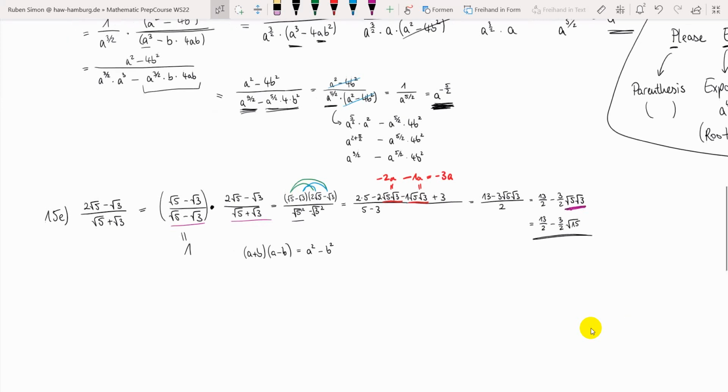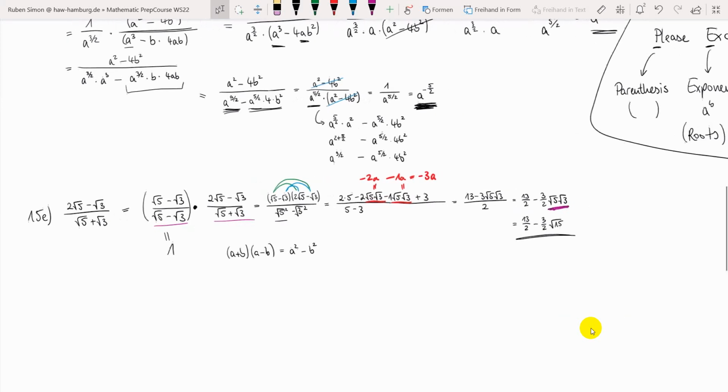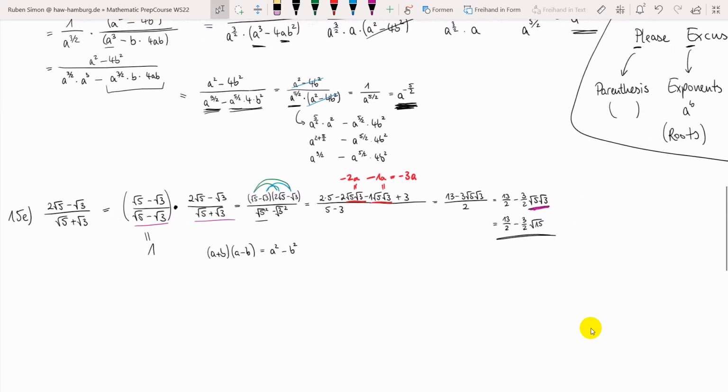Let me have a look, or can someone just, well, I will look it up just a second. 15D, there we go. So is it this one, 28 divided by 4 plus square root of 2? Yes, this one. Okay, so how are we gonna deal with this?